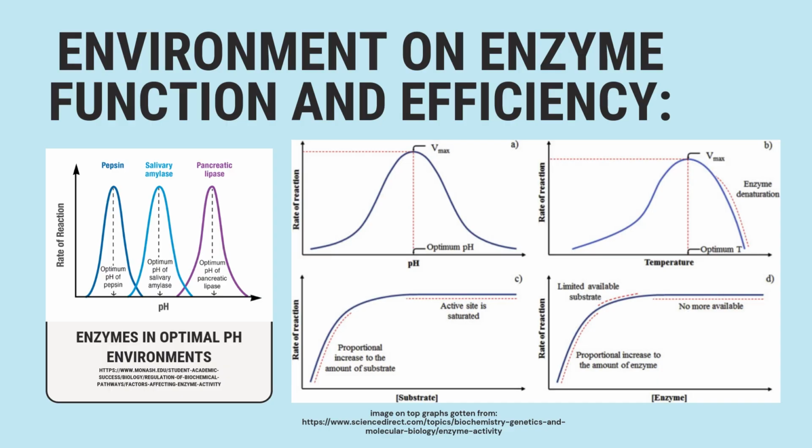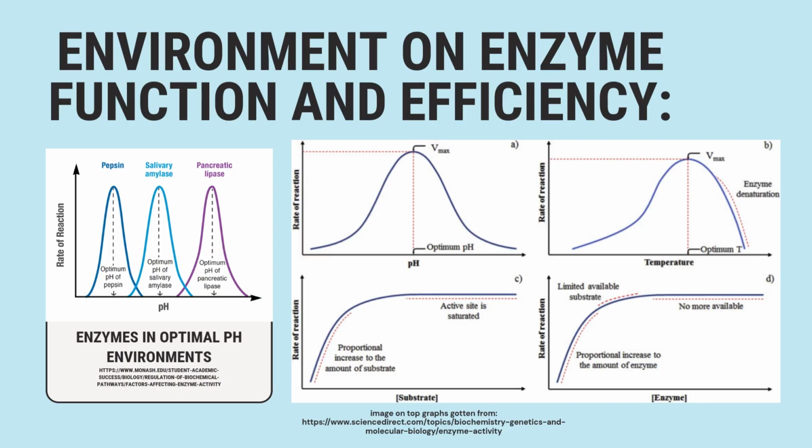But we can see that there is a gray dotted line that goes through the middle of each enzyme's graph, if you can see. And so that gray line represents the optimum pH of the pepsin, salivary amylase, or the pancreatic lipase, right?